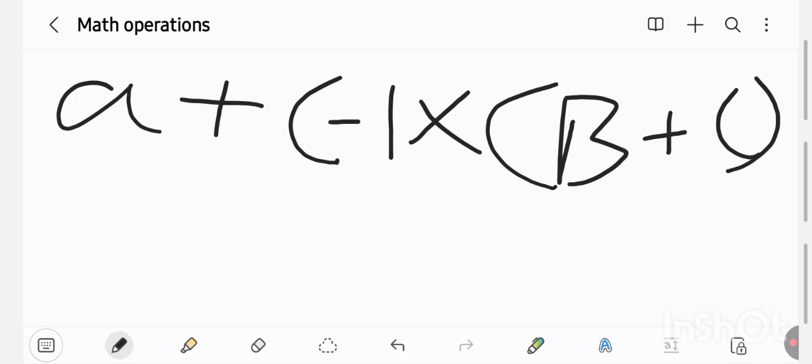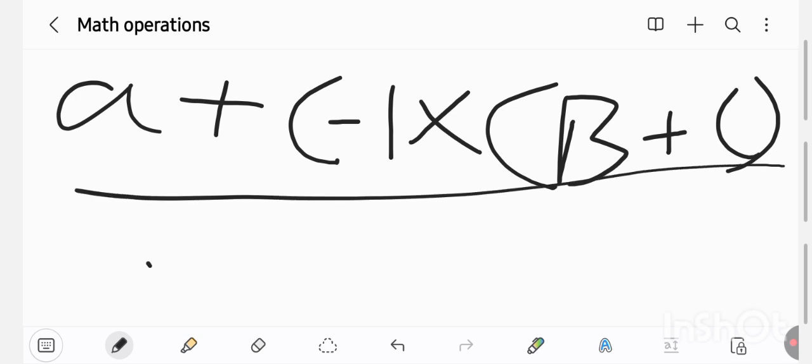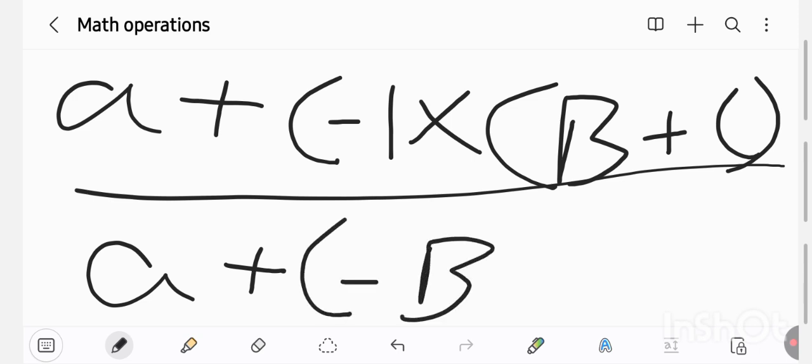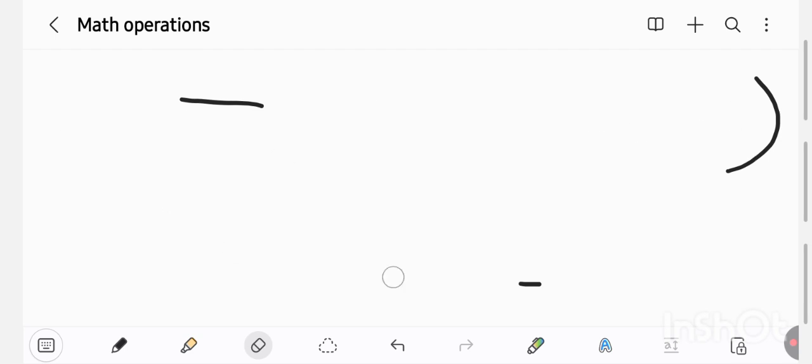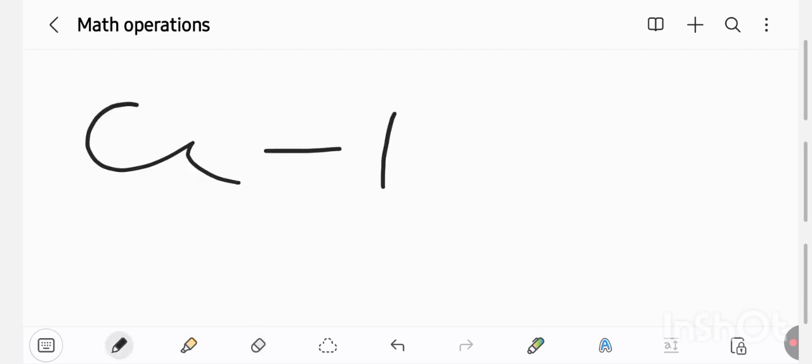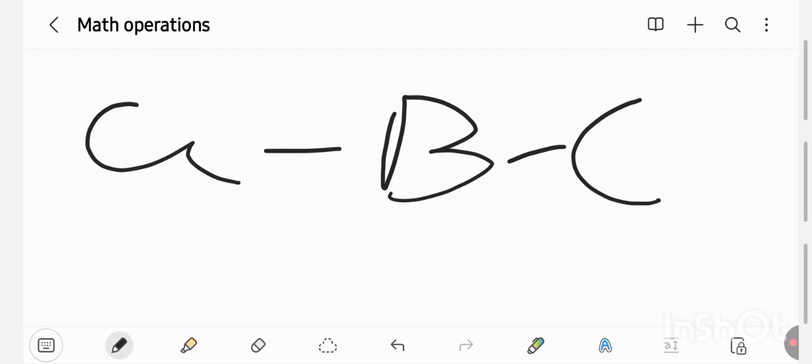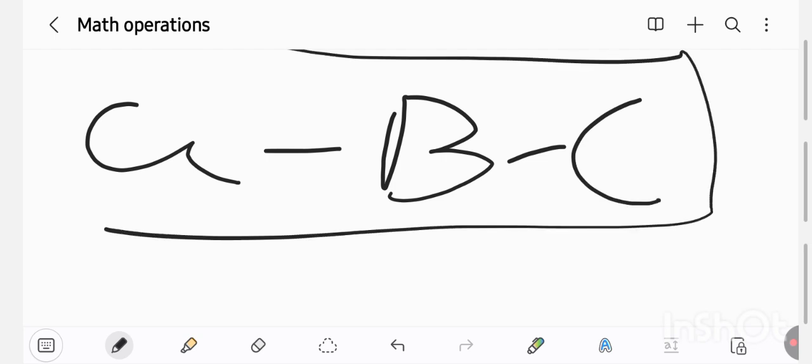Now look, that's why you get a plus minus b and minus c. So that's what transforms into a minus b minus c later.